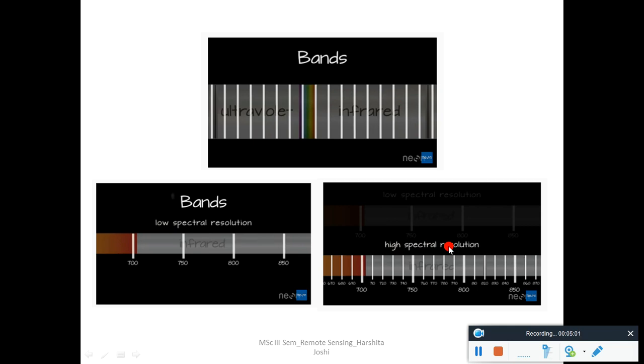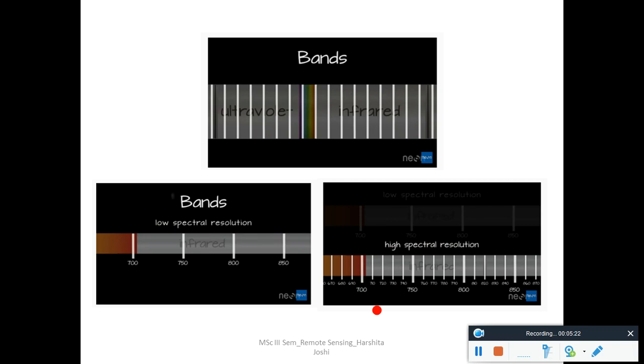So these are bands. This is the low spectral resolution, this is the high spectral resolution. That means if a sensor has the ability to identify the smallest ranges between the bands, it is known to have a high spectral resolution.